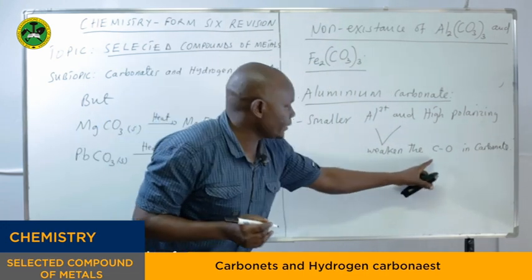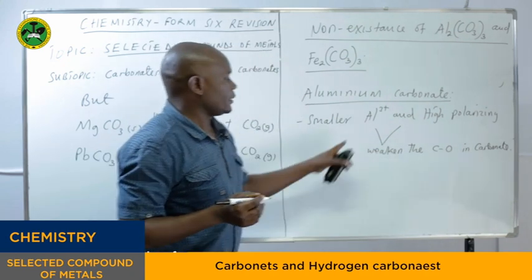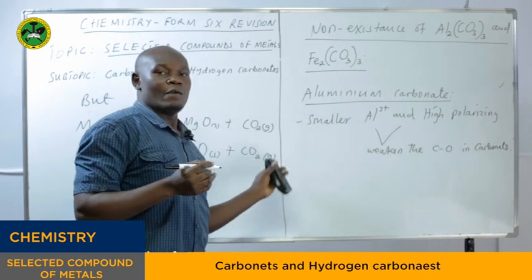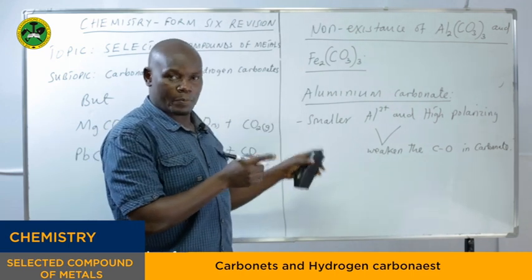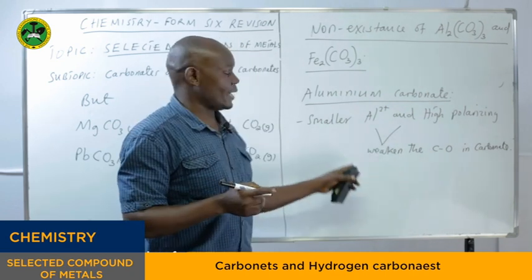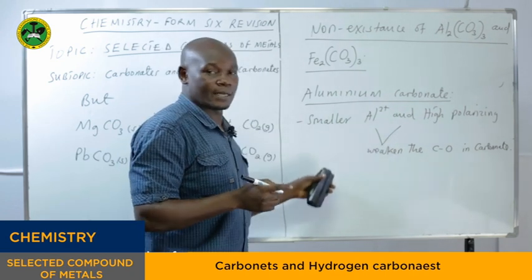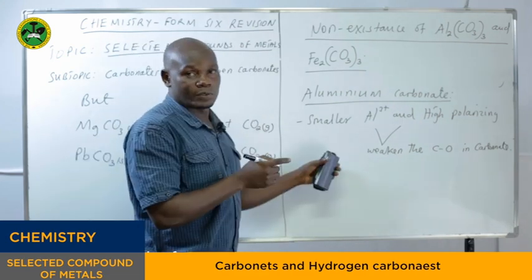When it weakens the carbon-oxygen bond in the carbonate ion, it means the aluminium becomes very exposed to atmospheric vapor. Thereby the aluminium captures the atmospheric vapor, resulting in the formation of aluminium hydroxide and carbon dioxide.